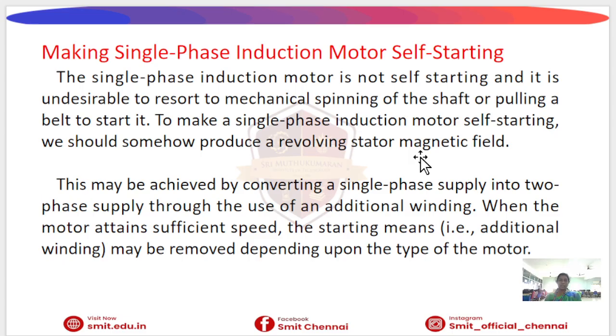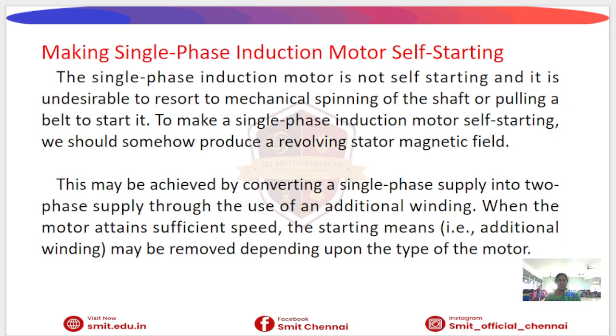If the motor does not start automatically, what should we do? We must create a rotating magnetic field by creating a phase difference between two currents. Using an auxiliary winding, the starting winding, we create a phase difference between the two currents. Now the motor has two windings: the main winding and the starting winding.